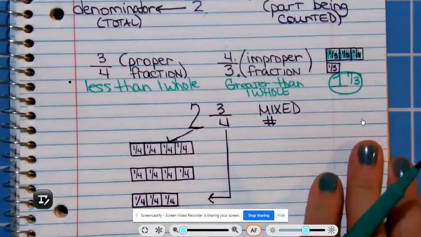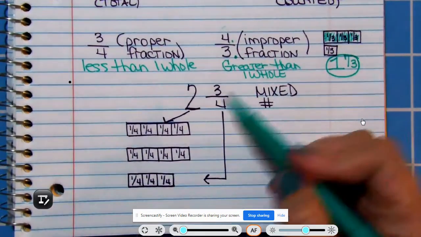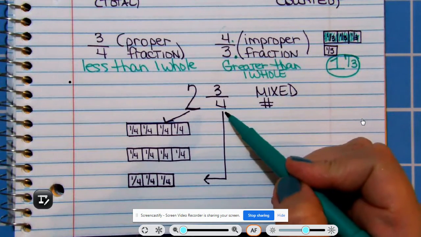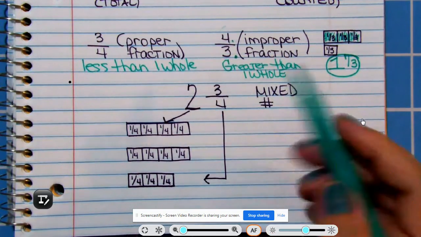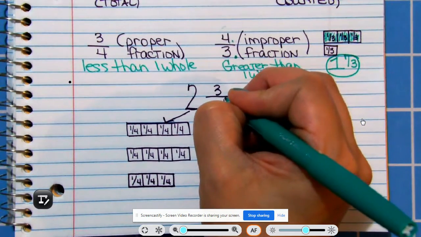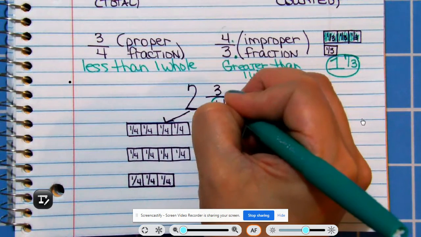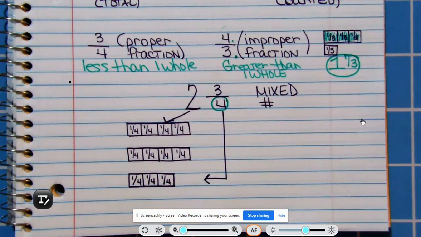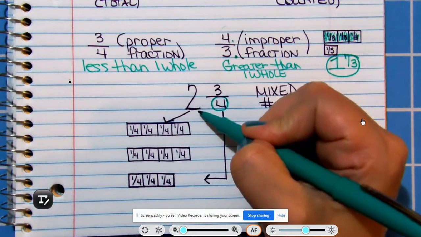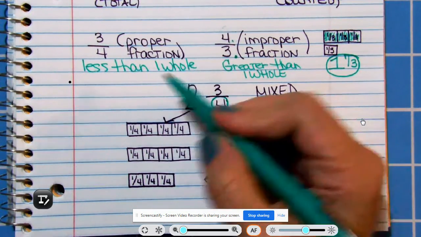Then we have mixed numbers. 2 and 3/4. So if we have fourths, it would take 4/4 to equal 1 whole. We have 2. Our whole number is 2.